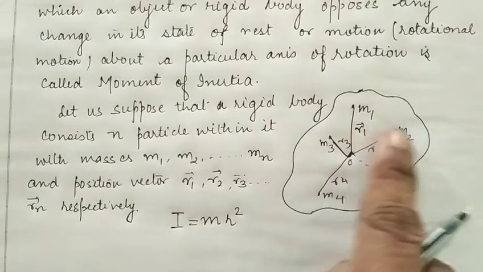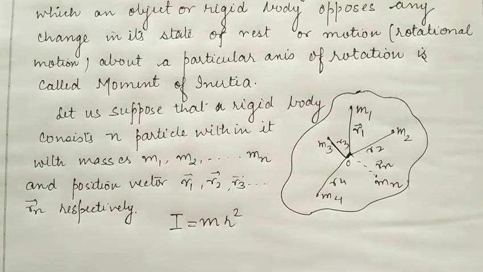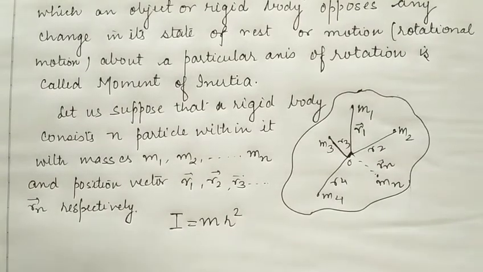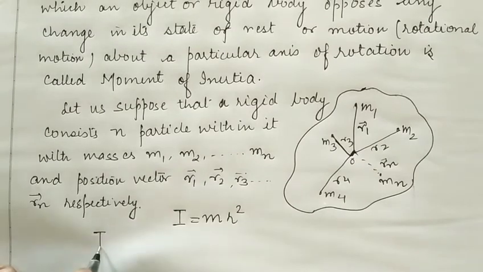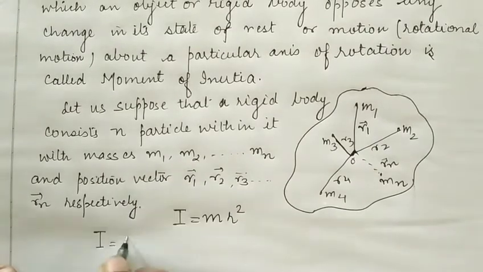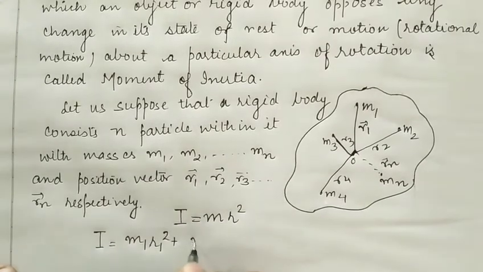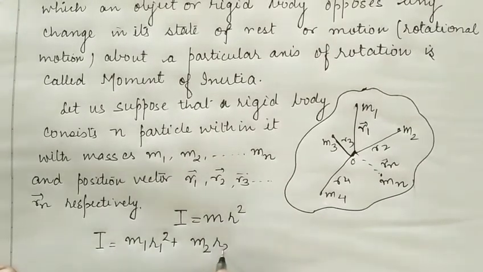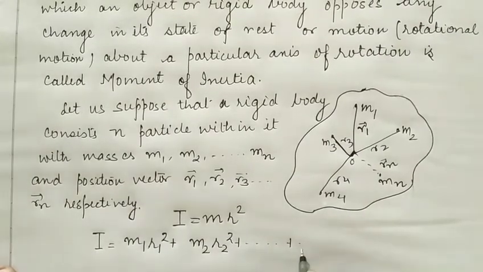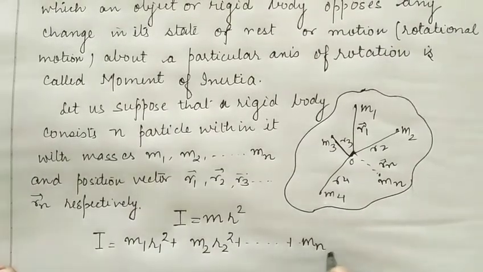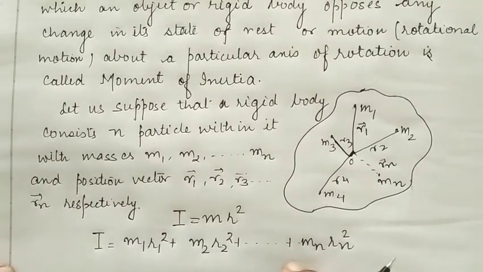As here we have chosen a rigid body having n particles, for the calculation of the moment of inertia of the whole system, I is equal to m1 r1 square for the first particle, then m2 r2 square for the second particle, and so on till mn rn square for the nth particle, which will be the moment of inertia for the whole system.